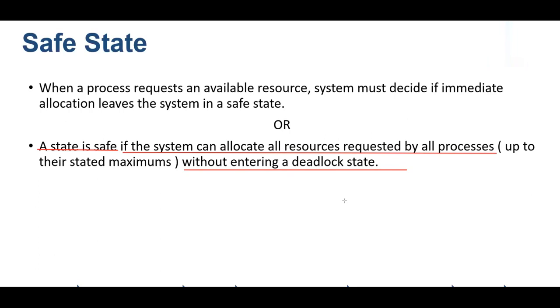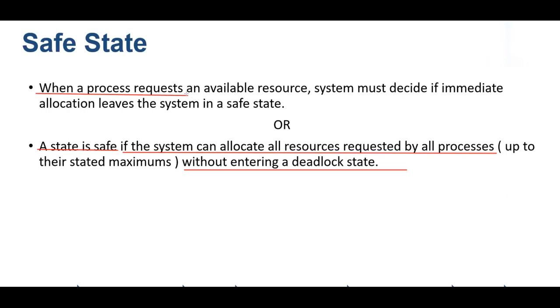See, dear students, when the system has a sufficient amount of resources and can satisfy the requests of processes without facing a lack of resources, then we will say that the system is in a safe state. Why? Because the system has a sufficient amount of resources. Clear?